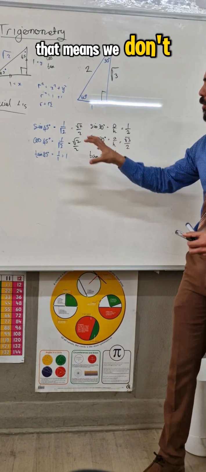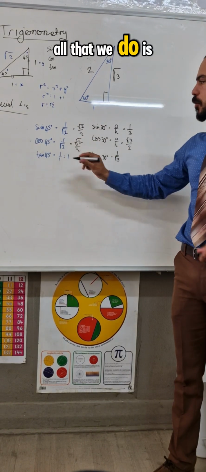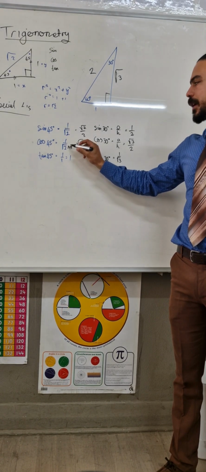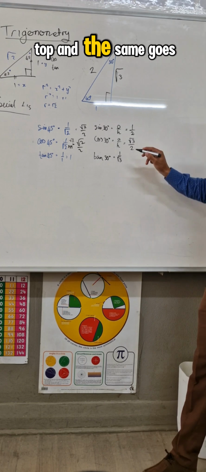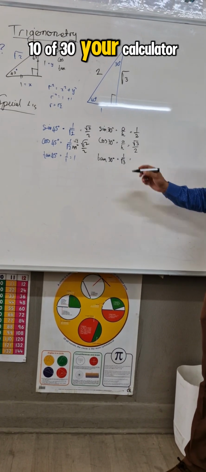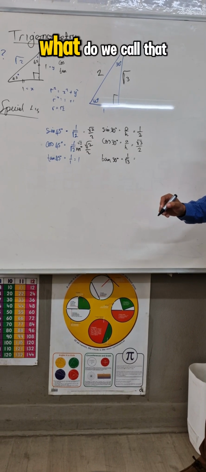That means we do not want a surd in the denominator, so we multiply by square root 2, and that becomes 2. But what we do in the bottom, we need to repeat on top. The same goes here. If you type tan of 30 into your calculator, your calculator automatically does, what do we call that process?